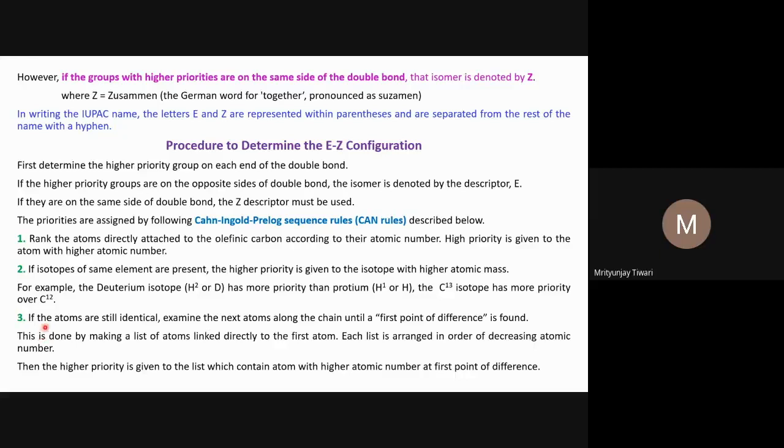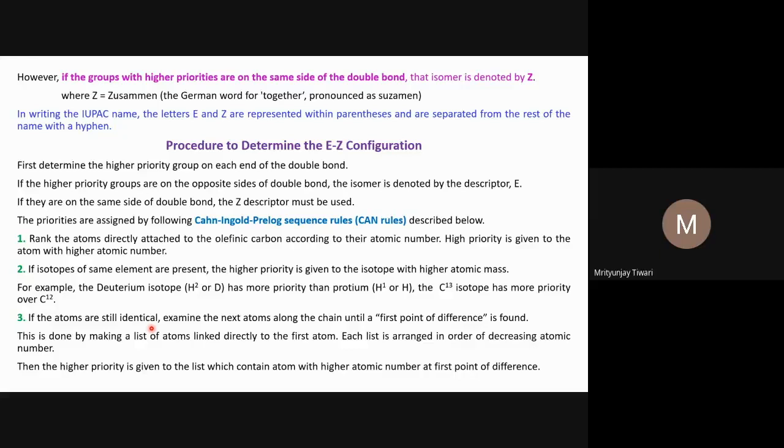Rule number 3 tells us what to do if the atoms are still identical at the first atom attached to the olefinic carbon atom. There are examples where you don't see any difference at the first atom. Suppose on one side of the olefinic carbon a CH3 group is attached, and on the other side a C2H5 group. At the first atom, only carbon atoms are attached, so we cannot see the difference.